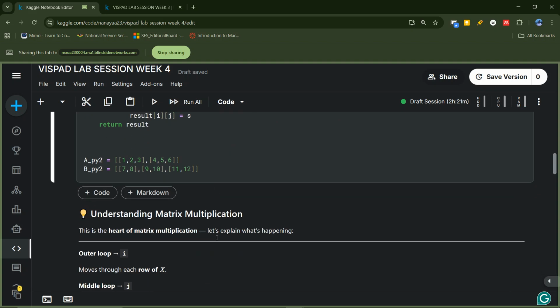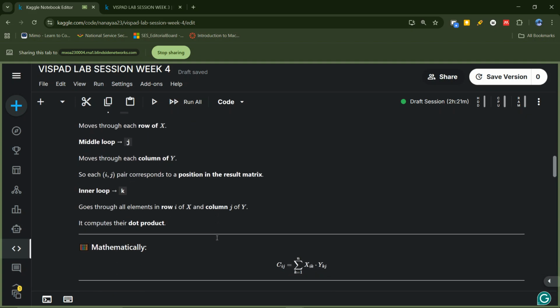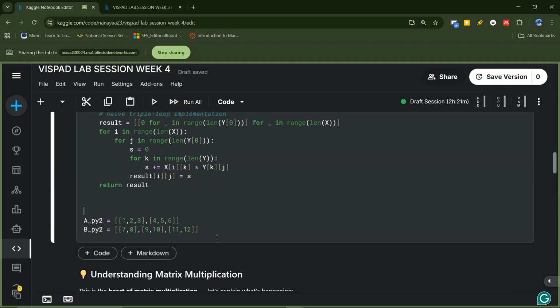So we have two matrices. Over here you realize this is one row, this is another row. We have a 2 by 3 and a 3 by 2 matrix. Remember we said m by n, that is rows times columns.